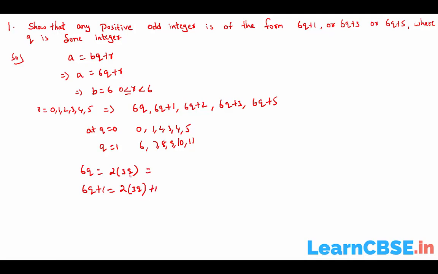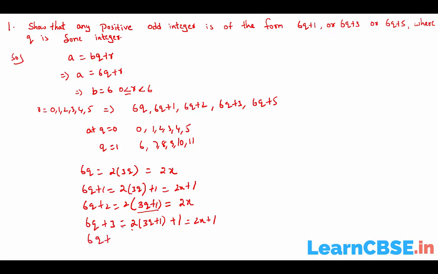That means 2 into 3q is 2 into some constant x, so here 2x plus 1. 6q plus 2, if I take 2 common, we get 2 into 3q plus 1, again in the form of 2x. 6q plus 3 equals 2 into 3q plus 1, again plus 1 remains, because 2 threes are 6q and 2 ones are 2, plus 1 gives 3. Means again 2x plus 1.